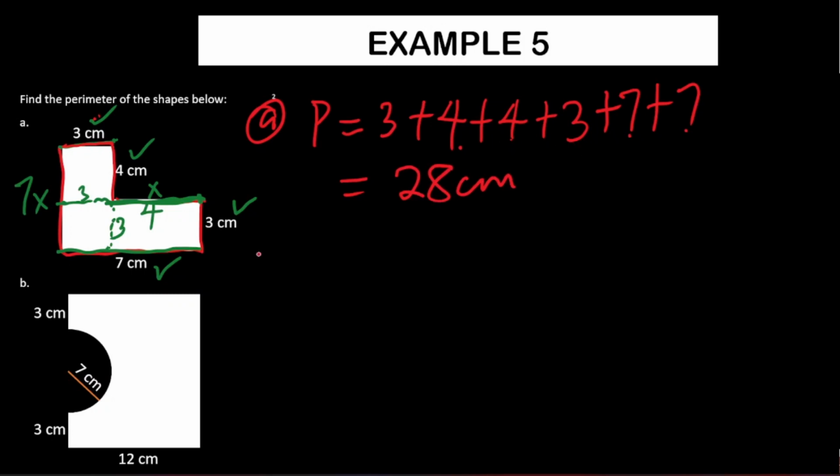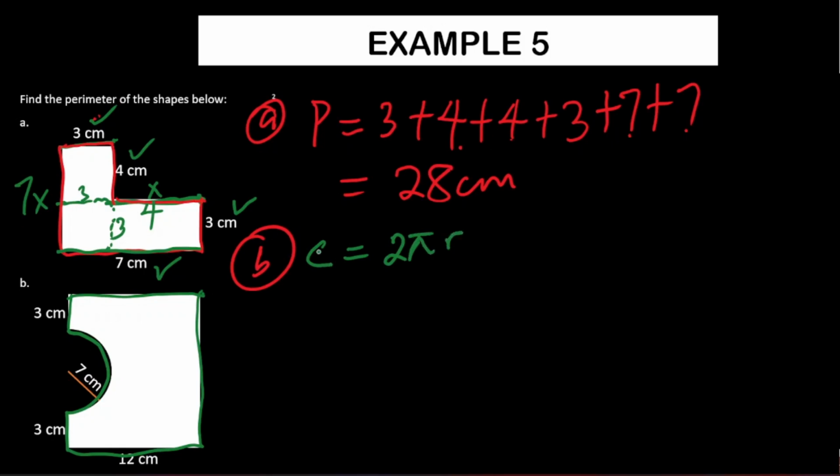Then move towards the other part, B. So we want to find the perimeter of this shape. What we're looking for is this plus this plus this plus this plus this and plus this semicircle. So let's first of all find the circumference of that semicircle. The circumference of a circle, we said, is 2 pi r.